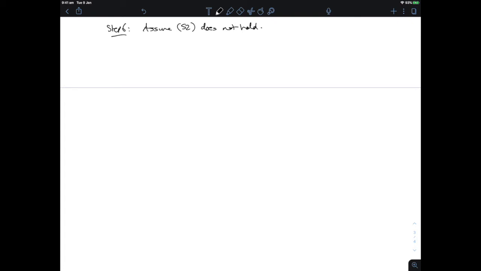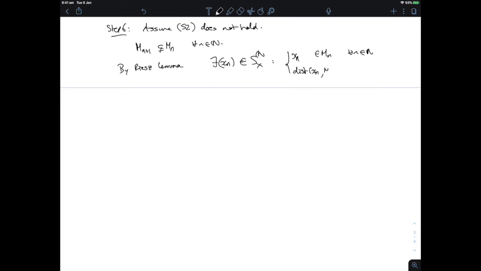So we have that Mn+1 is a proper subspace of Mn for all n if S2 fails, and so we can apply Riesz lemma, the weak version of Riesz lemma, for every n, and we're going to get a sequence xn in the unit sphere of X that is such that xn is in Mn for all n, and in the meantime the distance between xn and Mn+1 stays above 1/2 for all n.